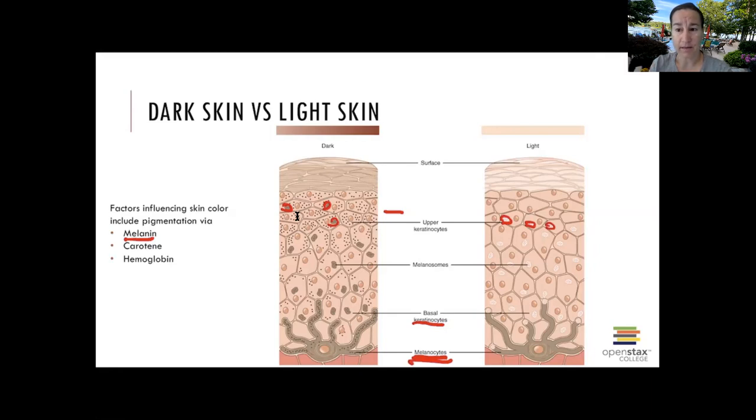You blush, right? The blood flow goes to the surface of your skin, and that can change your skin coloration. So hemoglobin in your blood can change your skin coloration. And there's this substance called carotene, and it has the word carrot in the name, so you can guess what coloration that pigment is. Carotene is orange. It reflects orange light. It is an orange pigment that you can pick up in your diet.